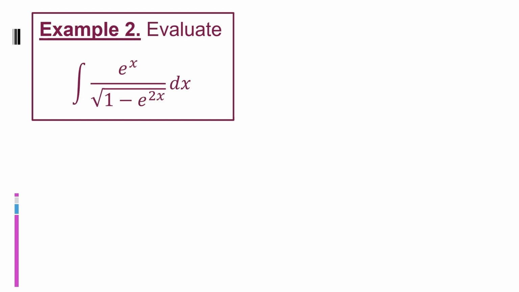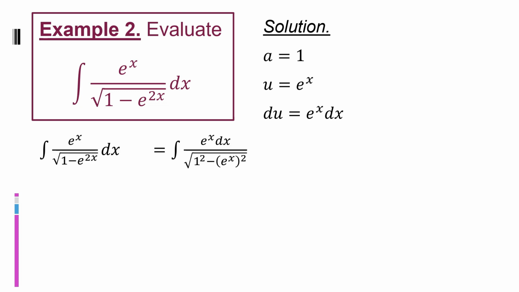Now, let's evaluate the integral of e raised to x over square root of 1 minus e raised to 2x dx. In here, we let a be equal to 1 and our u be equal to e raised to x. Taking the derivative of u, we have du is equal to e raised to x dx. Gagawin lang natin siyang integral of e raised to x dx over the square root of 1 squared minus e raised to x squared.